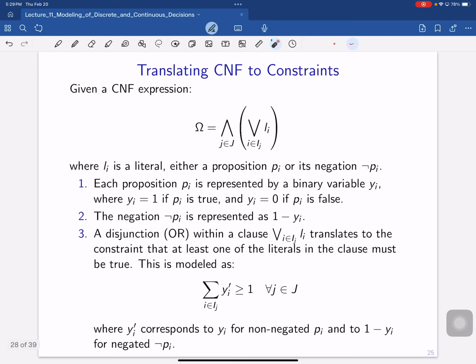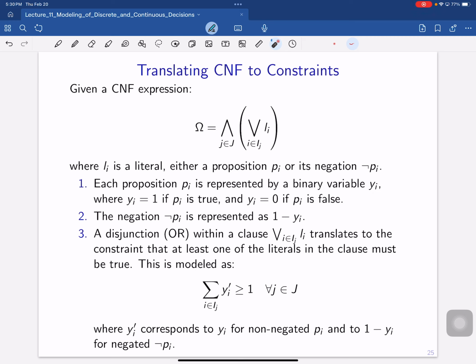Now each of these terms is a disjunction over, let's say, I sub I, and it can be translated into this constraint, the summation over yi prime is greater than or equal to 1, where yi prime corresponds to yi for non-negated pi, and 1 minus yi for negated pi. So the summation over all those literals over the disjunction has to be greater than or equal to 1.